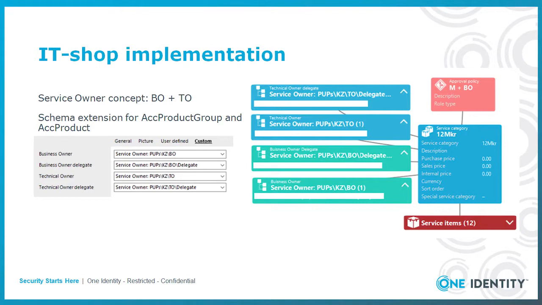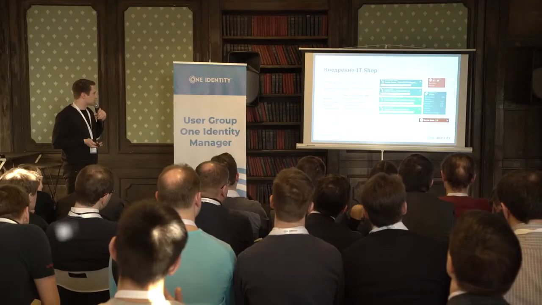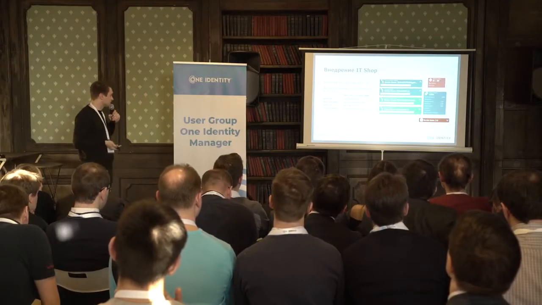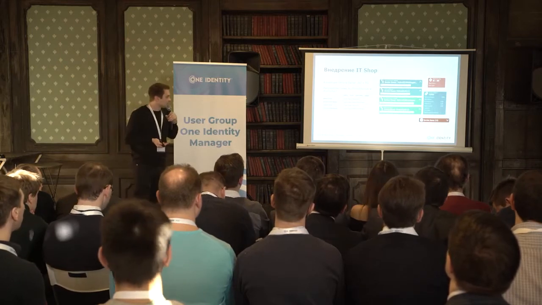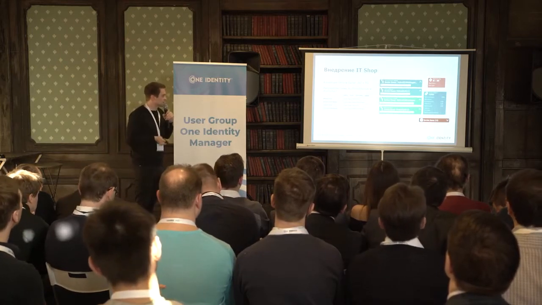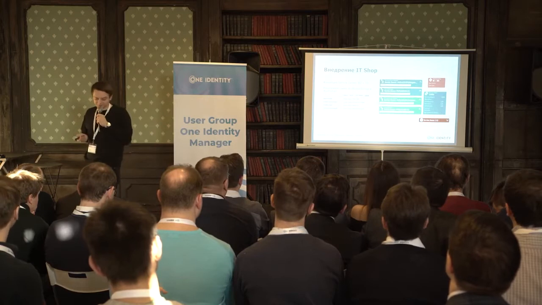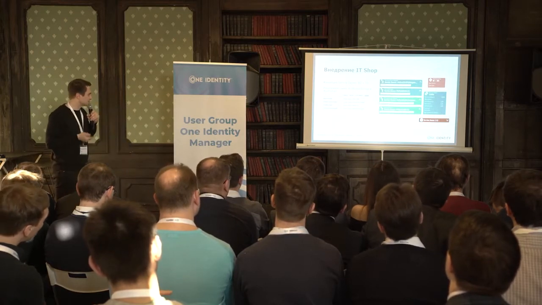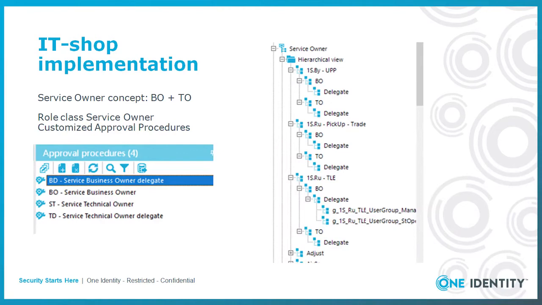What did we do? We took the product group and AC products frameworks, and we expanded them with our customized fields. We said that the business owner and the technical owner and those they delegated are roles. We said that the notion service category and the service will be also connected with a category of roles or a class of roles.